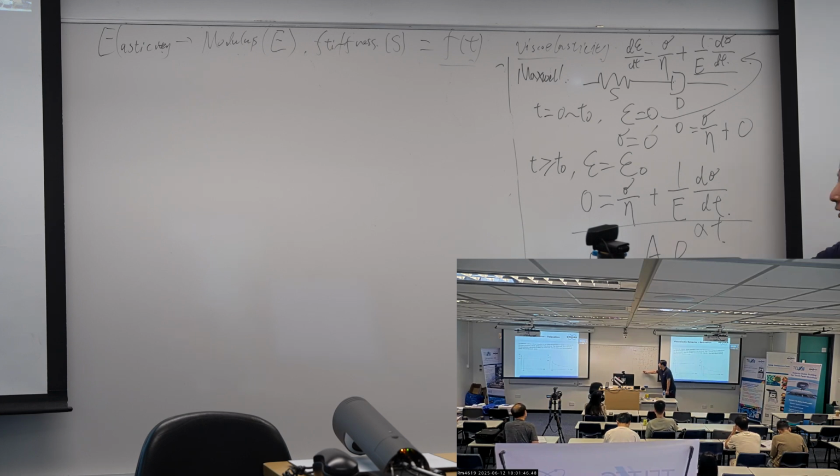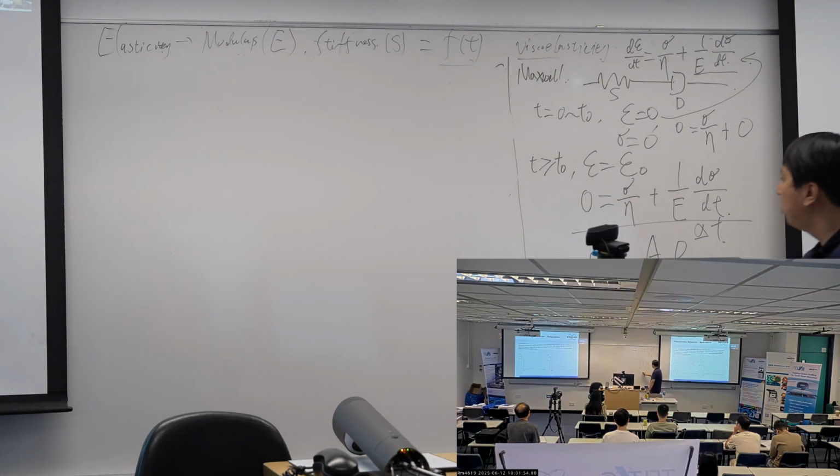Our game is to solve out what alpha looks like. So I put it back in. 0 equals A over eta e^(alpha t) plus A alpha divided by E, e^(alpha t).